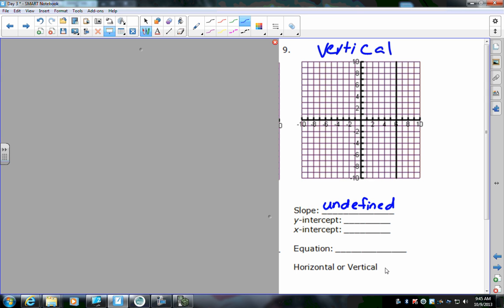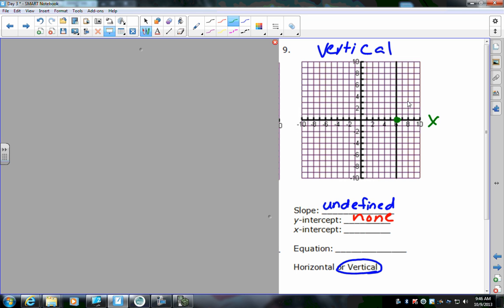Now it wants us, I guess I need to circle vertical down here. It wants us to state what is the y-intercept. Does it cross the y-axis right here? No, it doesn't touch it. So you just write none. Now the x-intercept going across right here on the x-axis, it does cross at what point?